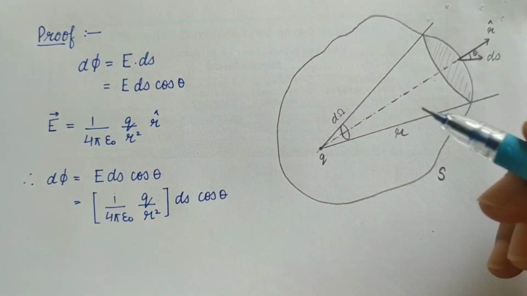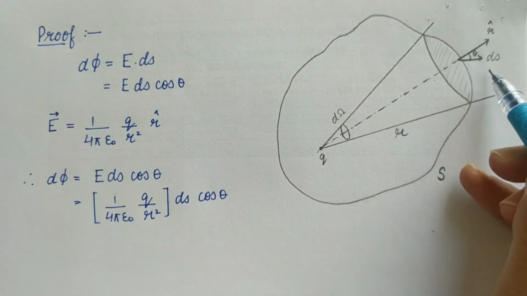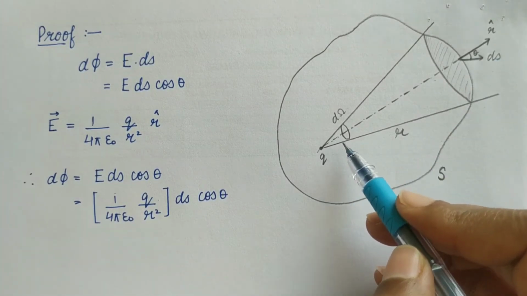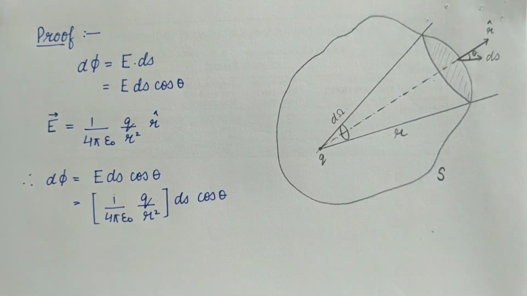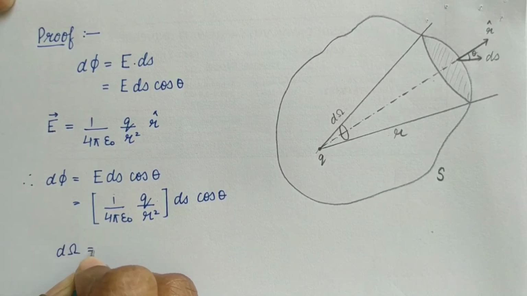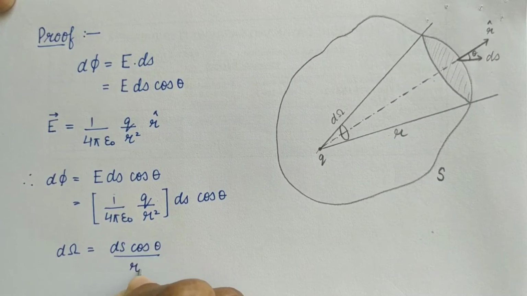Since the electric field is directed along r cap, the angle theta is the angle between r and ds. Here the area element ds is subtended at the solid angle d omega at the point charge q. So we know the value of the solid angle, that is d omega. It is equal to ds cos theta upon r square.